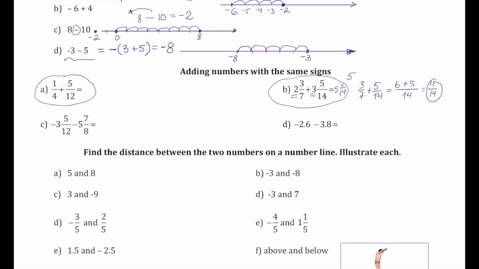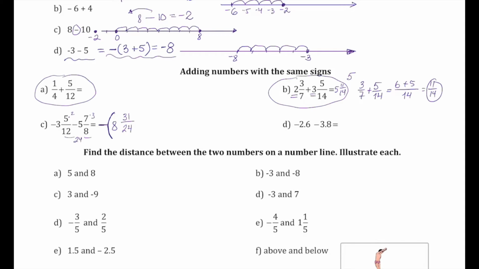If you have 2 negative numbers, remember the trick. I can put a minus, and then I can work with my 3 and 5, that is 8. 5/12ths and 7/8ths. My common denominator would be 24. So I have to multiply this by 2 and this by 3. That would give me 31, because 10 plus 21 is 31, over 24.